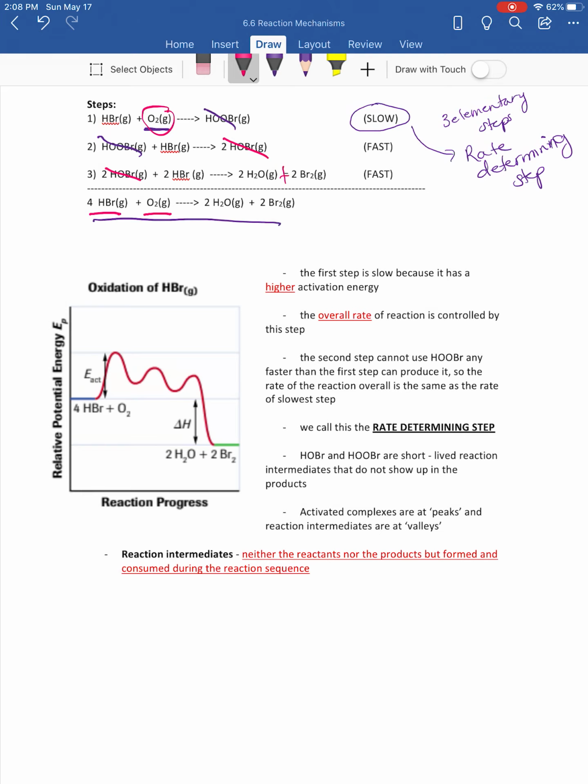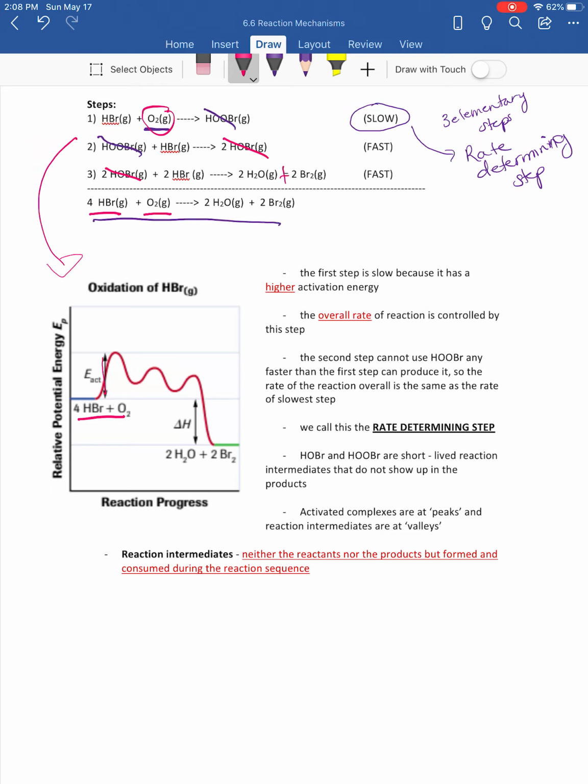So then, the first step is slow because it has a higher activation energy. Let's take a look at this. These are all my different steps, or this is the net result of those 3 elementary steps. This guy is my rate determining step because it's got the highest activation energy, as you can see, the biggest hump.